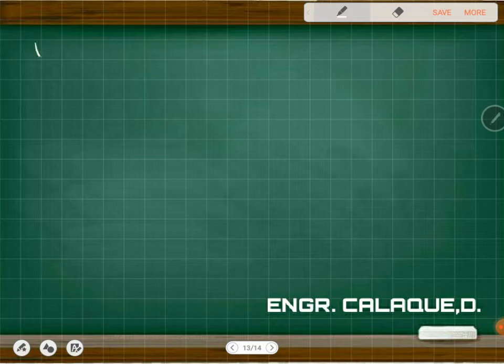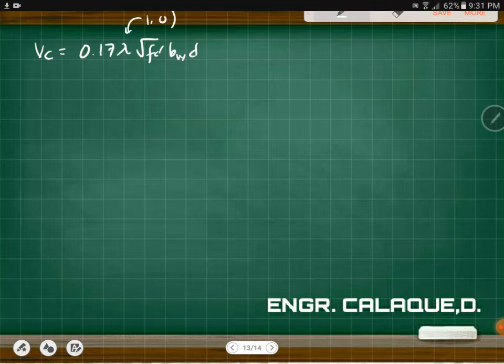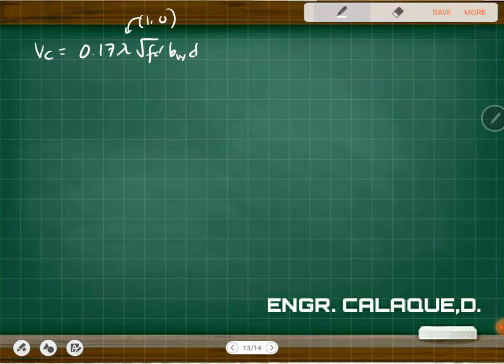So compute natin yung VC. That is just equal to 0.17 square root ng FC prime BW times yung depth. Ito is always 1. Pero may value yan sa NSCP. Pero pag nagdi-design tayo ng stirrup, laging 1 yan.